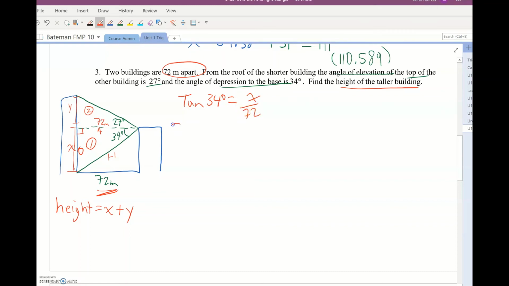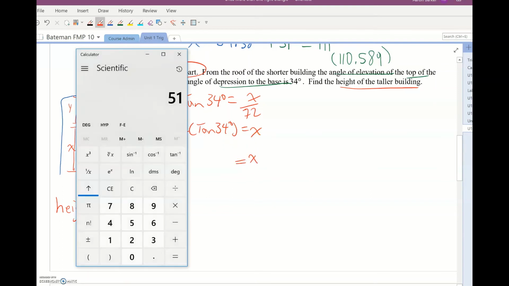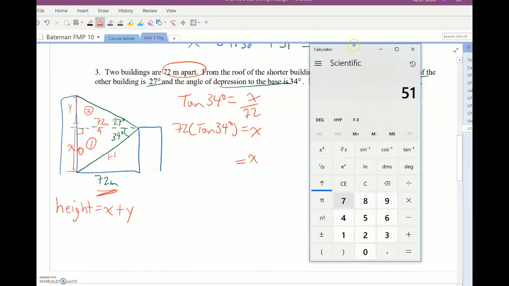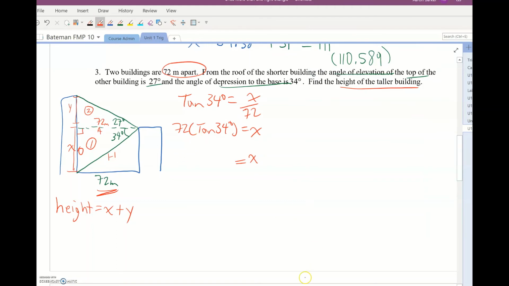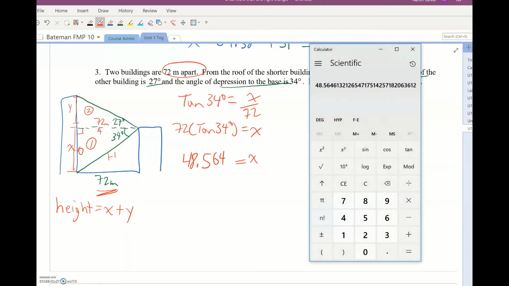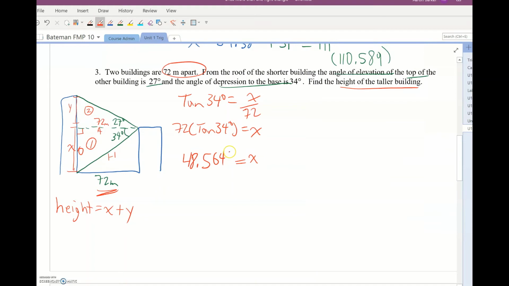So we get 72 times tan 34 degrees equals x. 72 times tan 34 equals 48.564. I want to keep 4 decimals, so I can go 6.